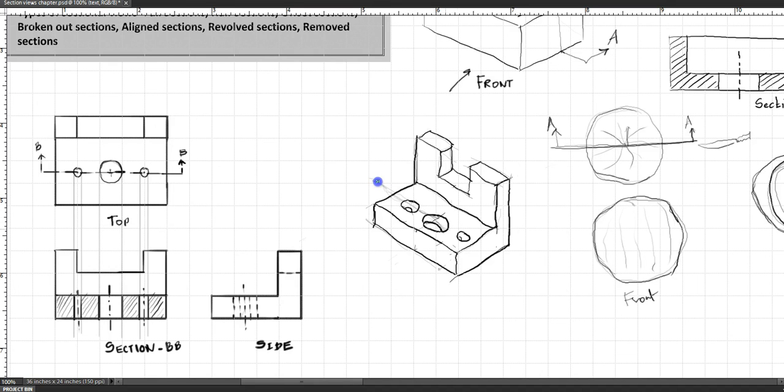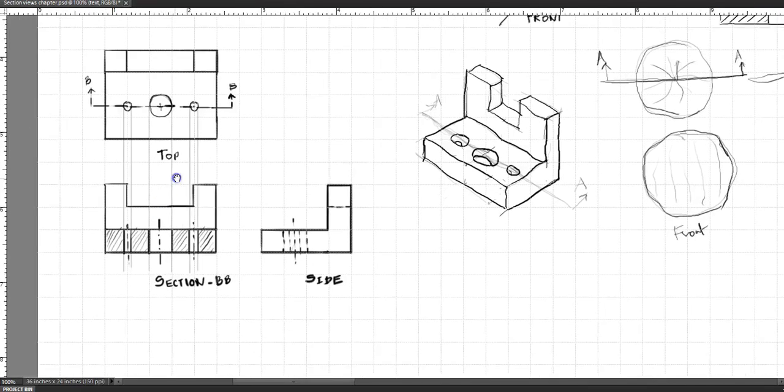and looking in this direction. Okay, so that's where I will be taking my section AA. Now how do we draw this section right here?